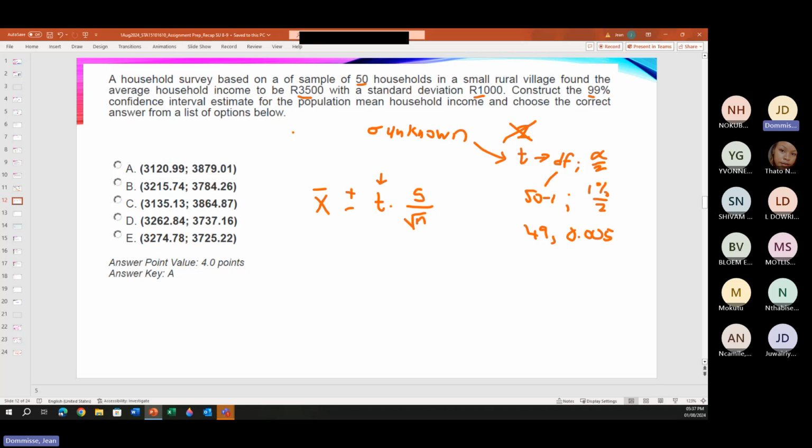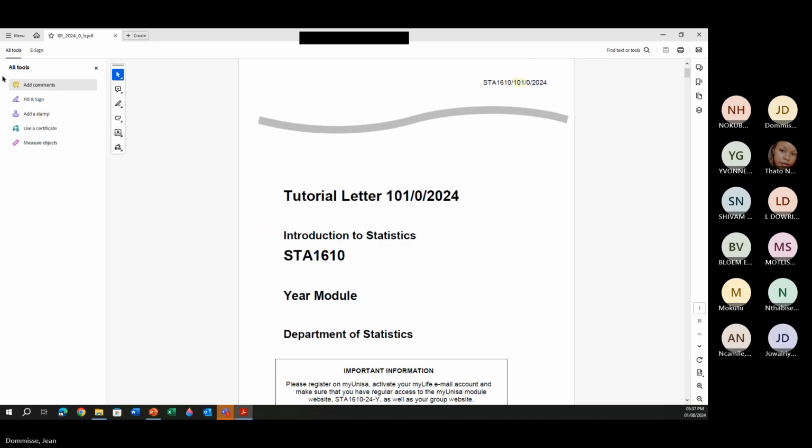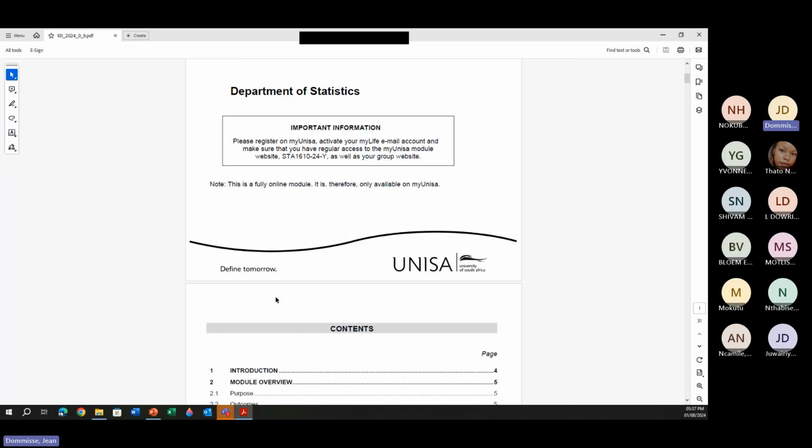Okay, so let me quickly go to that again. I should by now actually have it open every time because we are using the same one.